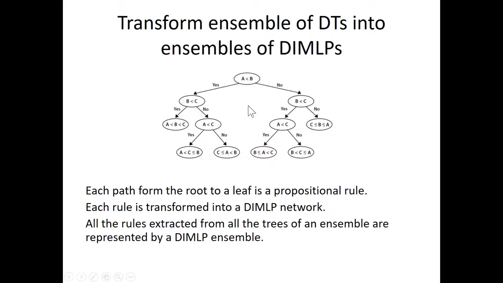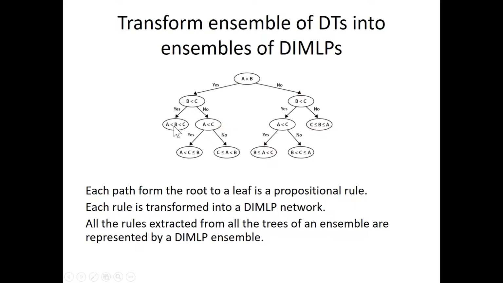Okay, so how does it work? Each path from the root to a leaf is a propositional rule. For instance, we have this rule here, this rule here, this rule here. So we can transform each rule into a DIMLP network.